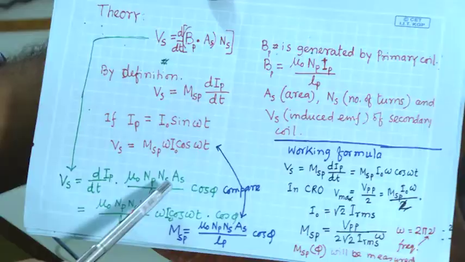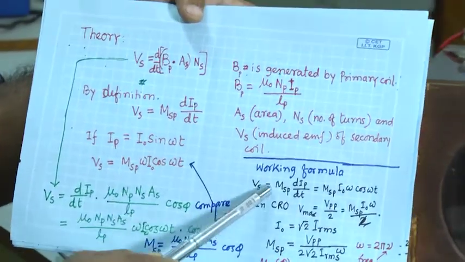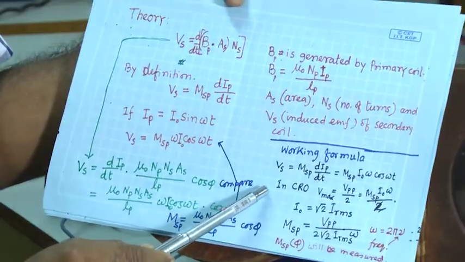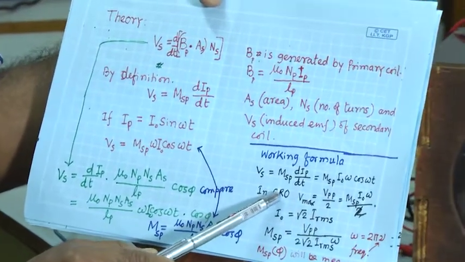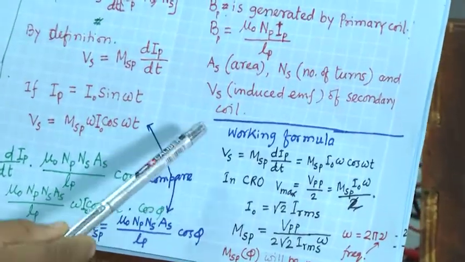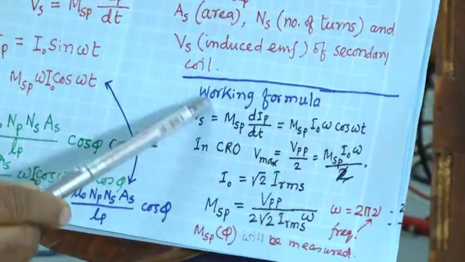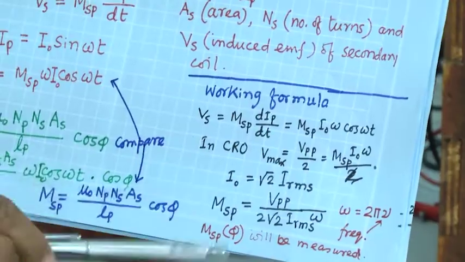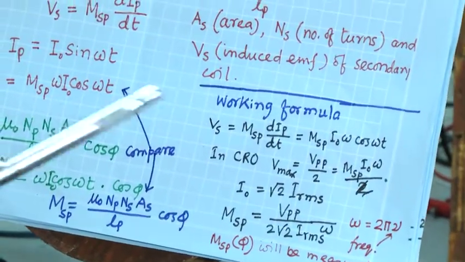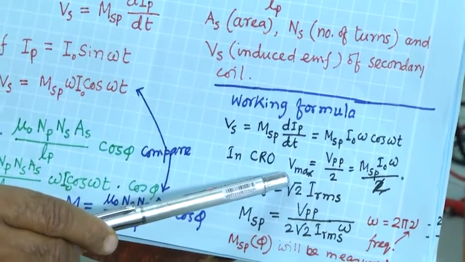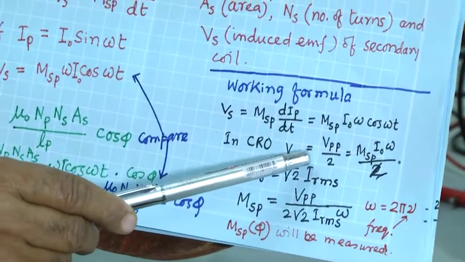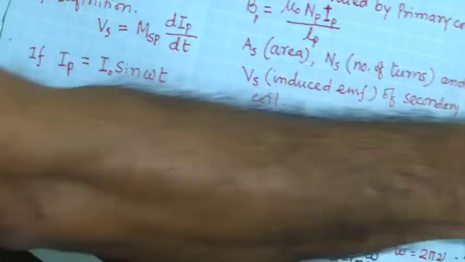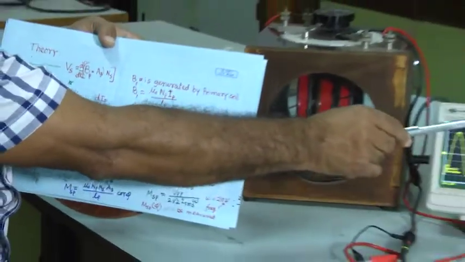Using this working formula, in the CRO I can measure Vs. Because it is an AC voltage, V max will be V peak to peak divided by 2. So V max equals Vp by 2, which equals MSP I0 omega, with cos omega t taken peak to peak.